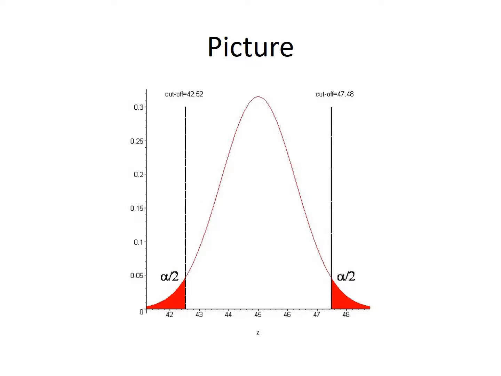So here we have our cutoff values at 42.52 and at 47.48. The areas shaded in red are both 2.5% of the area under the curve entirely. So when you add them up, you get 5%, and that was our alpha level.